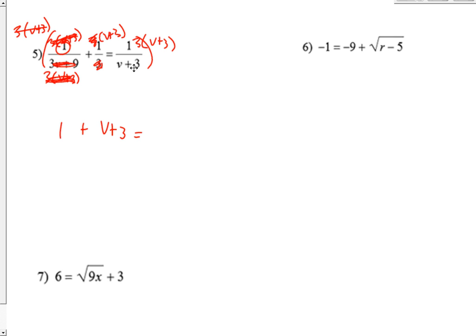And with the last fraction here, the v plus 3 will cancel. You're left with 1 times 3 to get 3. So we combine like terms. We get v plus 4 equals 3. Subtract the 4, and you get v equals negative 1.